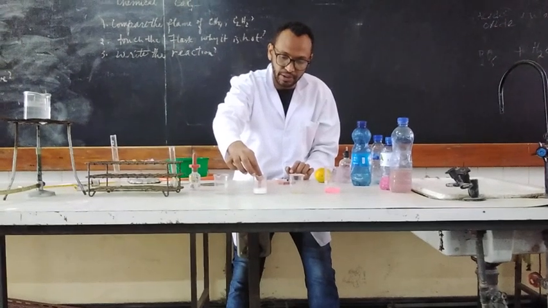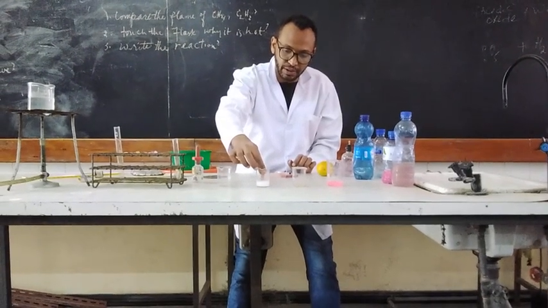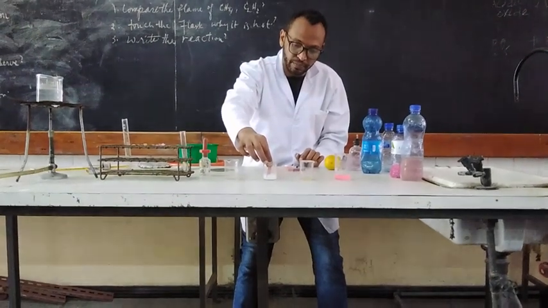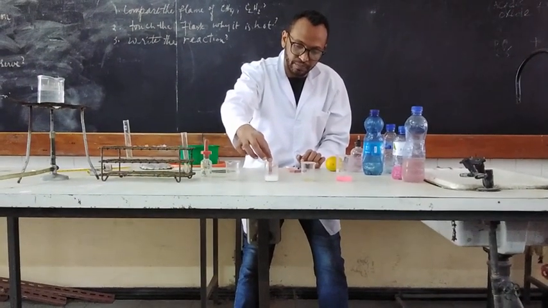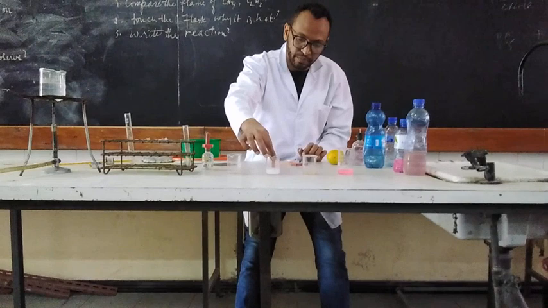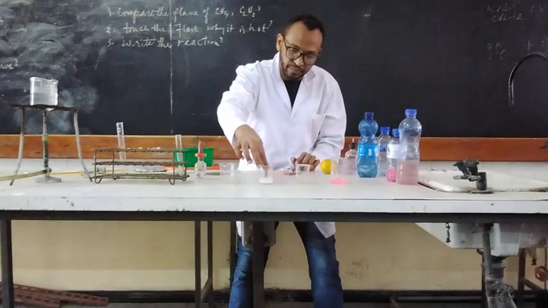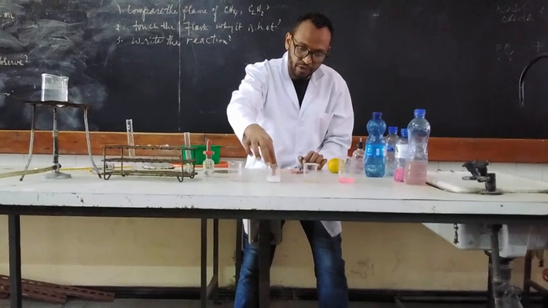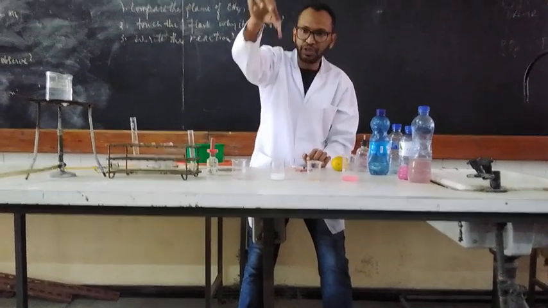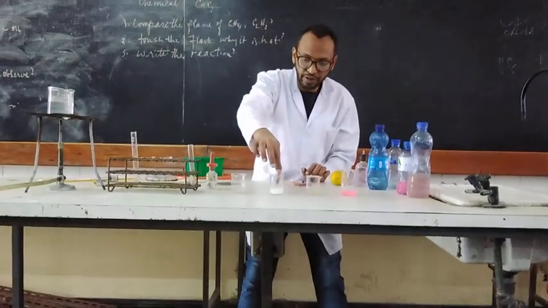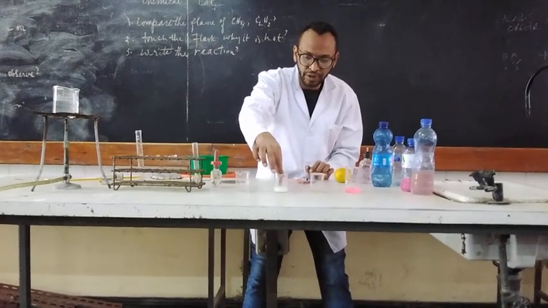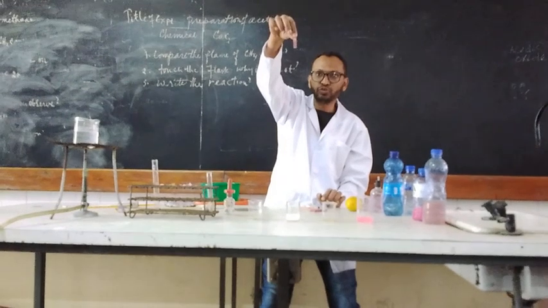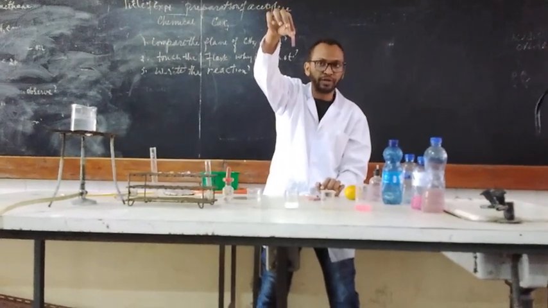Base. So we see now that the red litmus paper starts to change its color into blue.